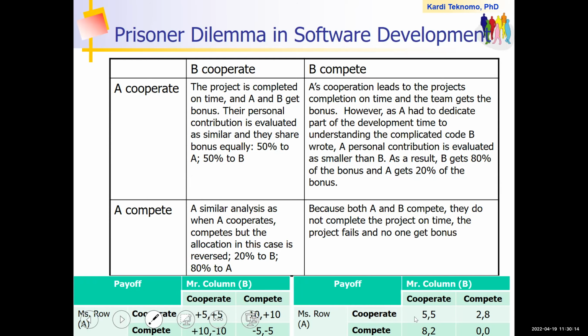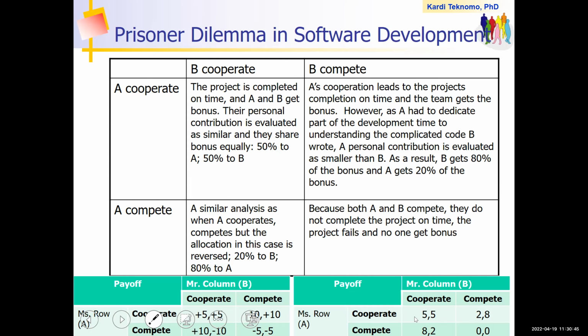And then if A cooperates and B competes, A's cooperation will lead to the project completion on time, so the team will get the bonus. However, as A has to dedicate part of the development time to understand the complicated code that B makes, A's personal contribution is evaluated smaller than B's.